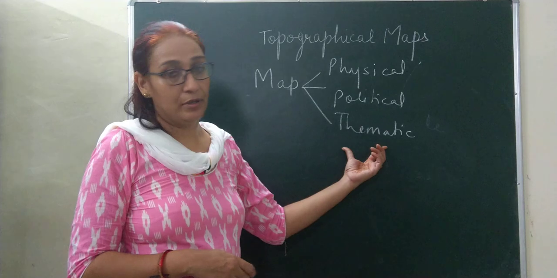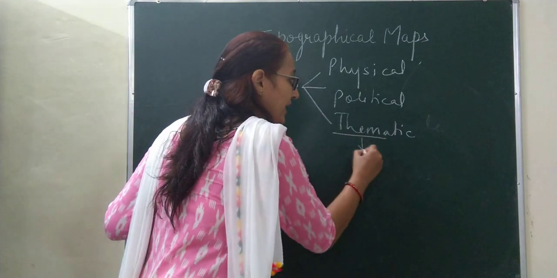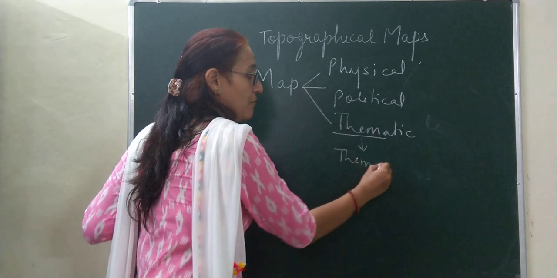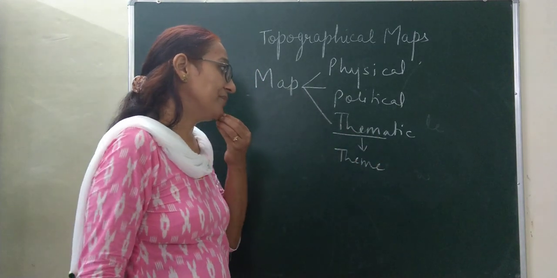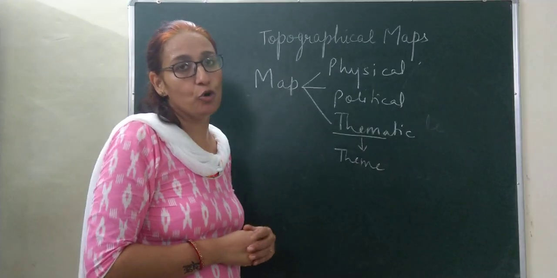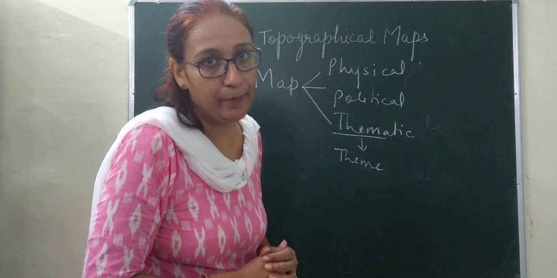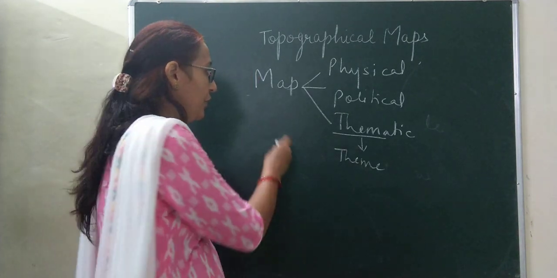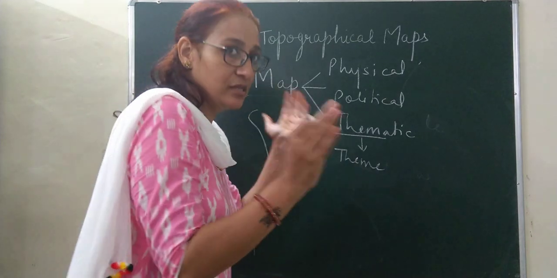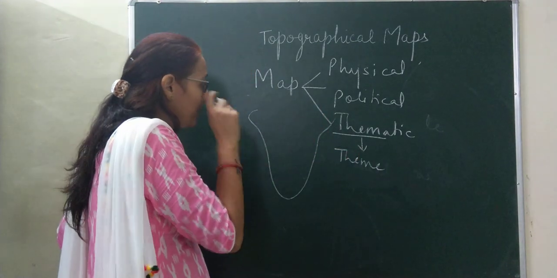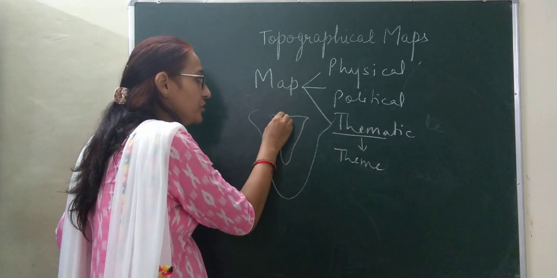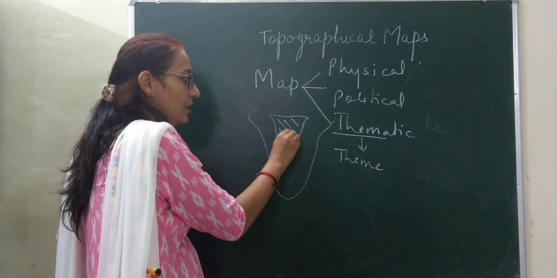Thematic map: we get the word theme from the term thematic. So thematic maps are those maps which show only one particular theme. For example, this is a rough sketch of India, especially the peninsular shape. We can say the Deccan Plateau is rich in black soil.